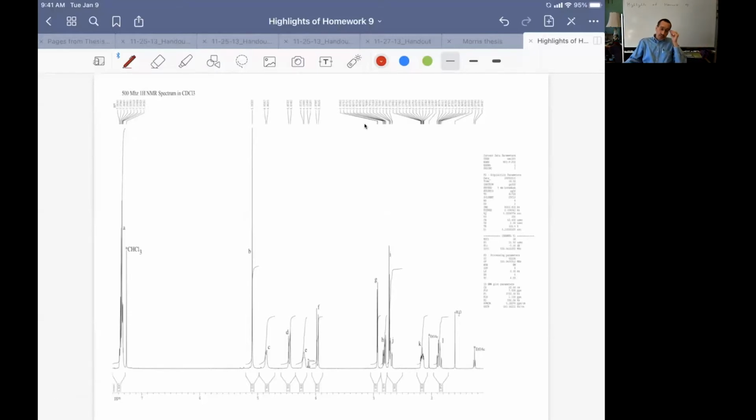Sergey was trying to do an Arndt-Eistert homologation on a CBZ derivative of glutamic acid. And he didn't get what he expected. And he characterized and figured out what he did get on this. And it's really a beautiful molecule.